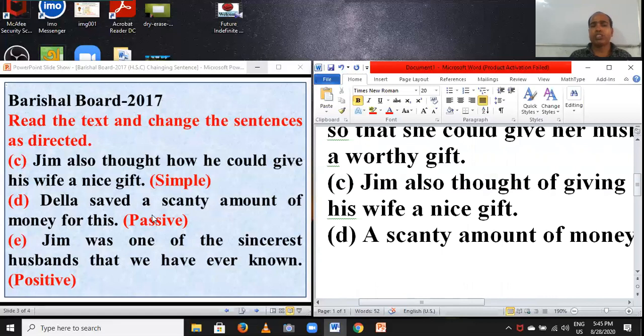You have to set the extra word according to the form of the verb. This form is B2, so you have to use the extra word was or were. A scanty amount of money is a singular subject, so you have to use was.